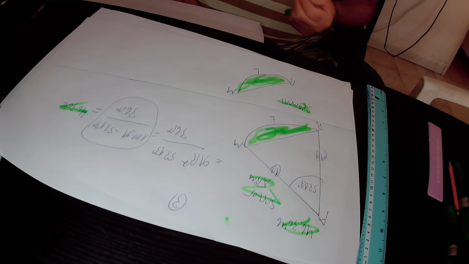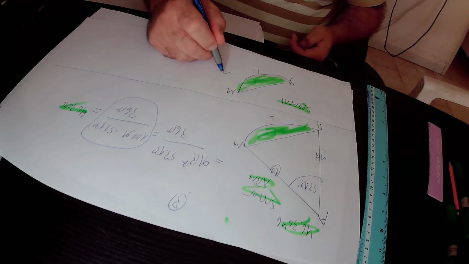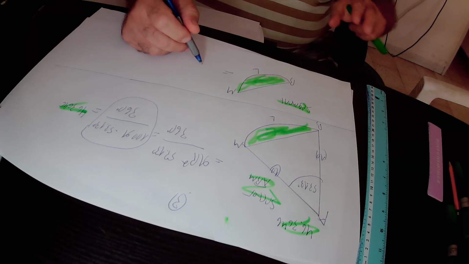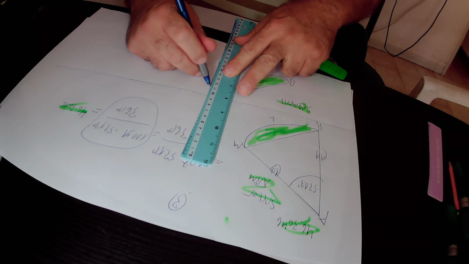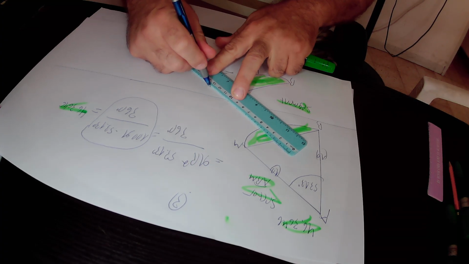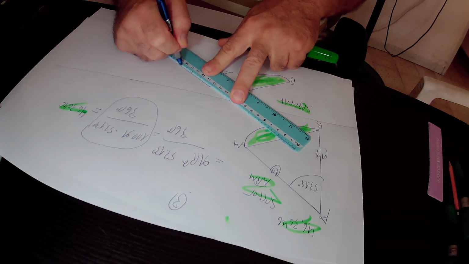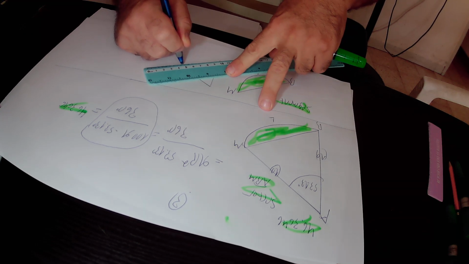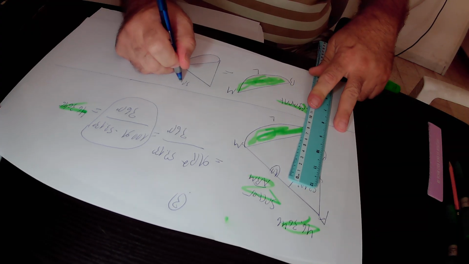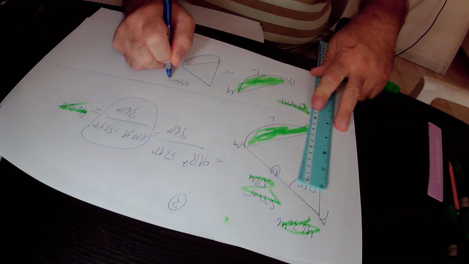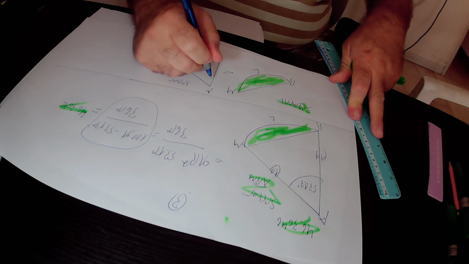So the area of segment BLM will be equal to the area of sector ABM. This is sector ABM.